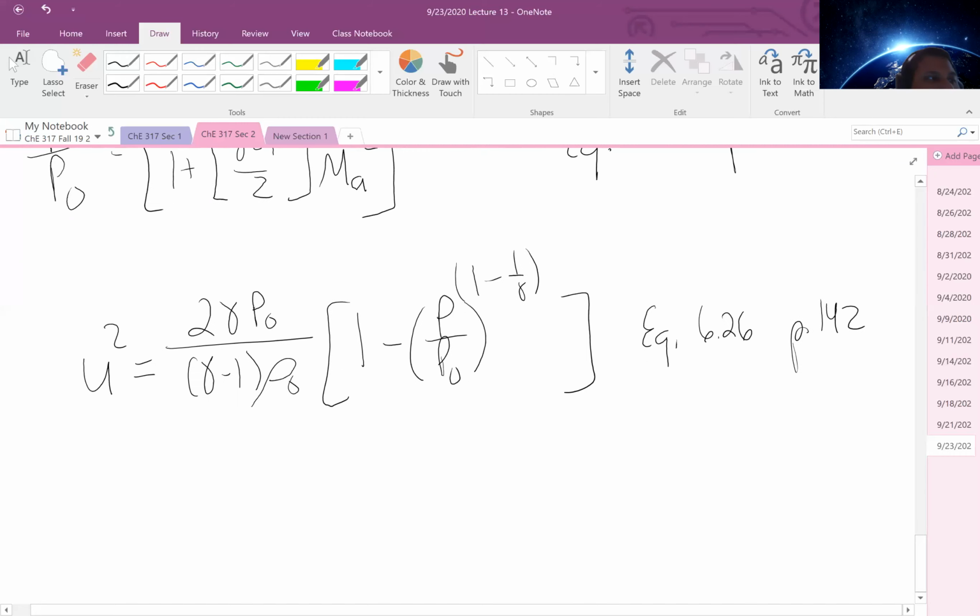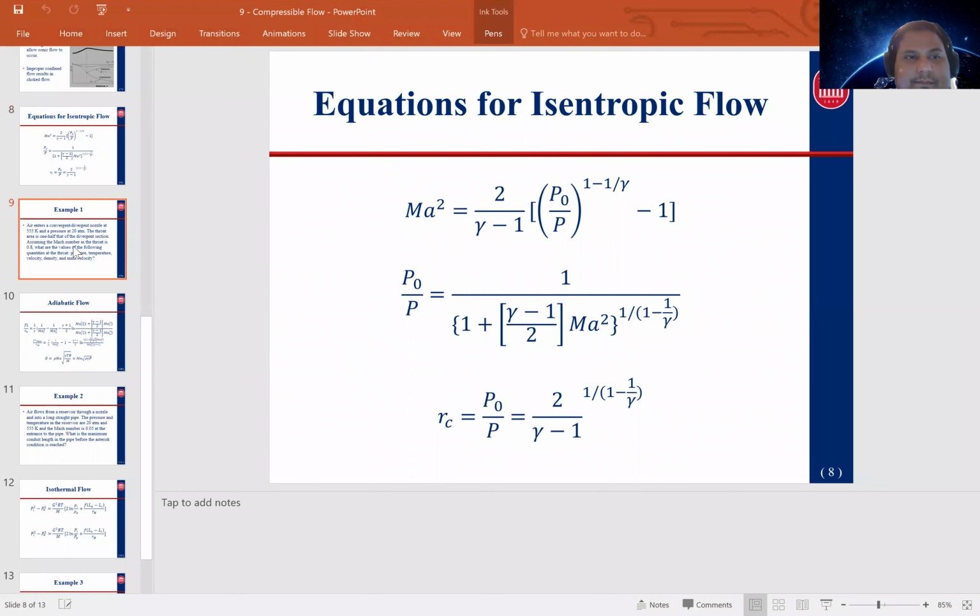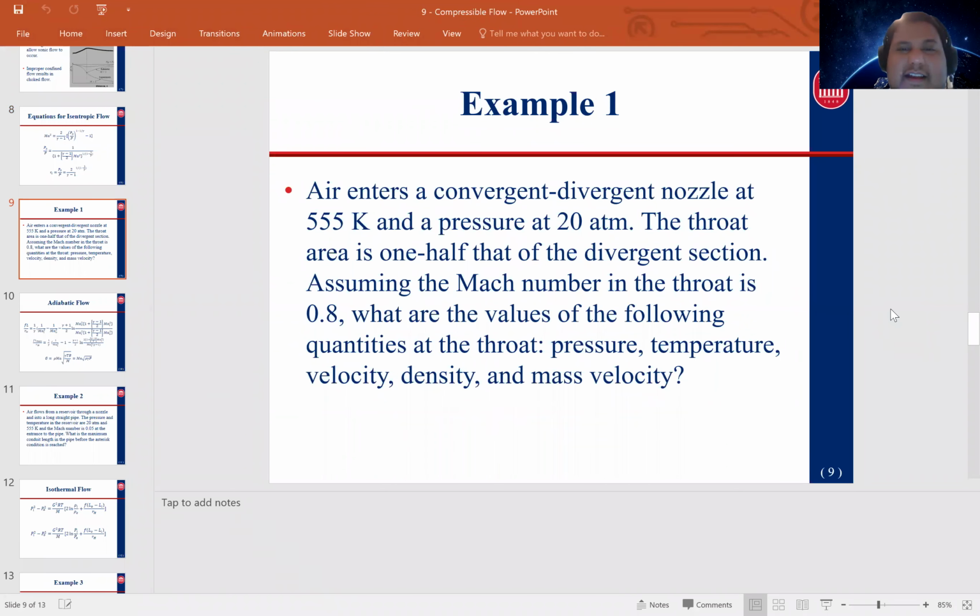All right, so let's look at an example carefully together. We have air entering a convergent divergent nozzle, basically an isentropic nozzle, at 550 Kelvin with a pressure of 20 atmospheres.